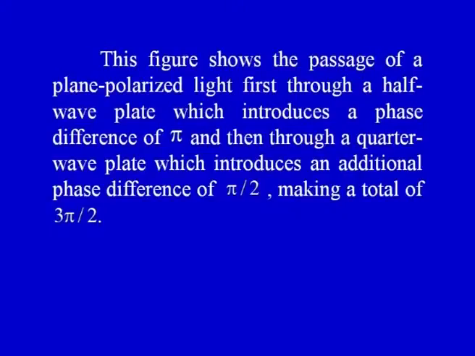So, this is what this figure shows: passage of a plane polarized light first through a half wave plate, which, as I said, introduces a phase difference of pi, and then through a quarter wave plate which introduces an additional phase difference of pi by 2, making a total of 3 pi by 2.